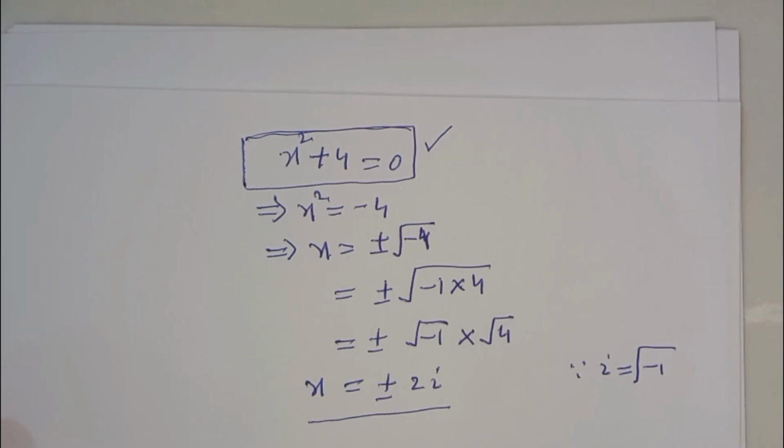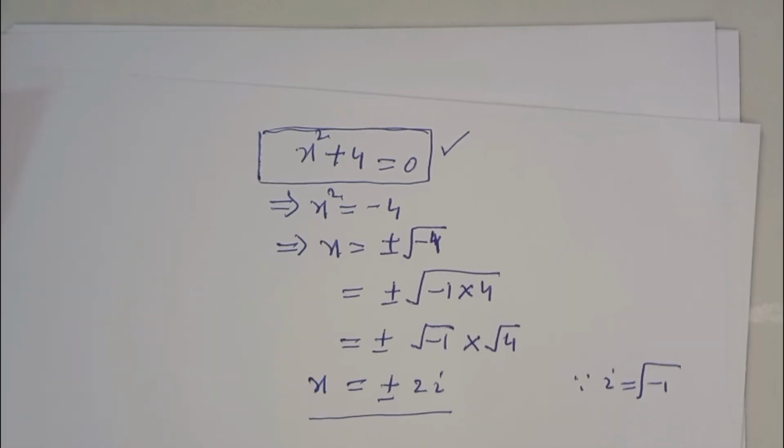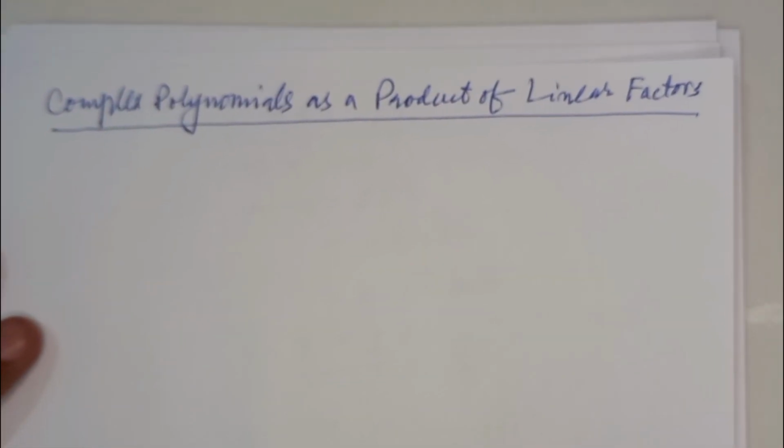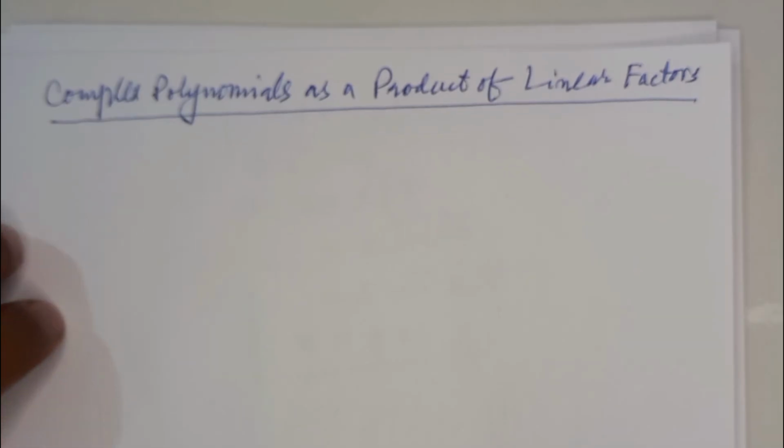So this motivates our present topic, that there are some polynomials which cannot be factored over the set of real numbers, and they can be factored over the set of complex numbers.